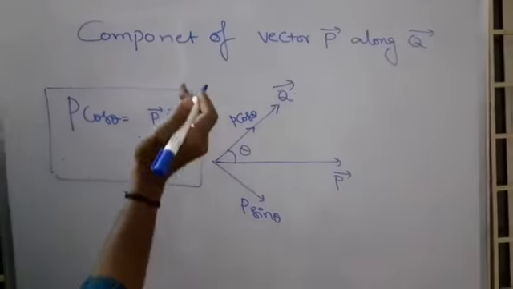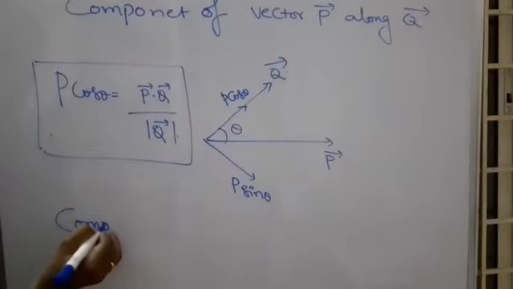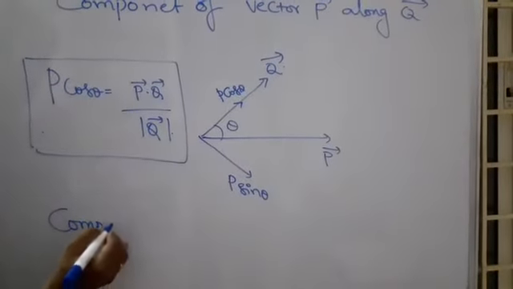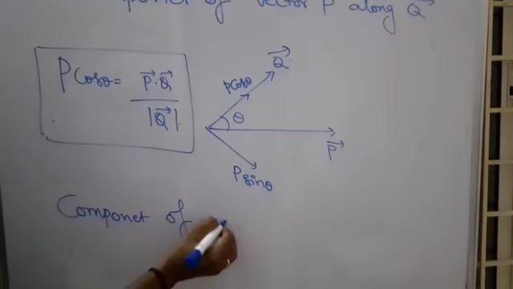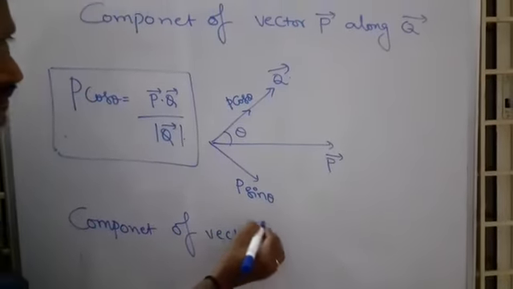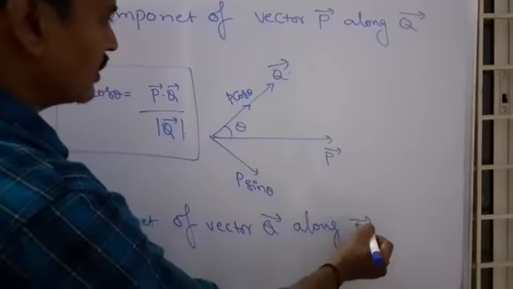Next, the component of vector Q along the direction of P bar.